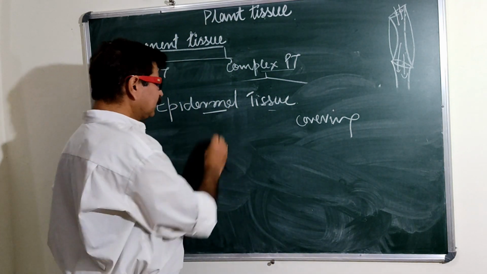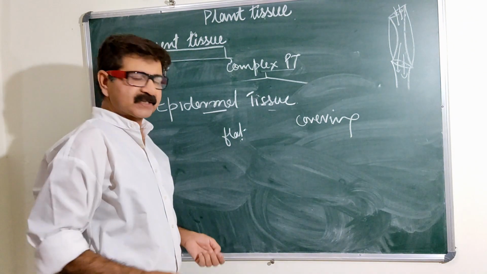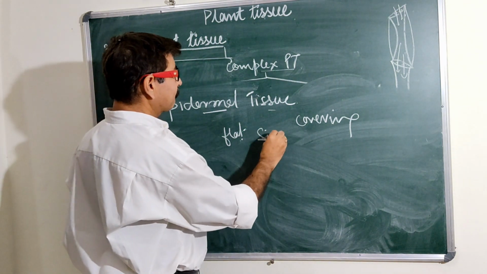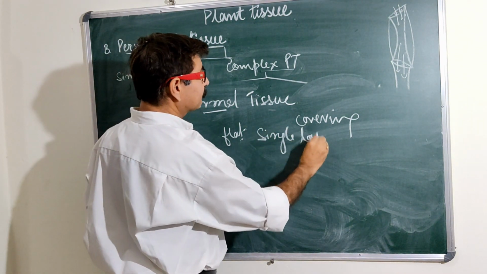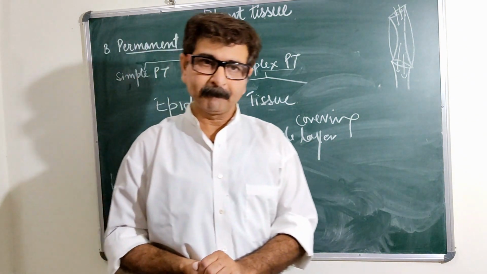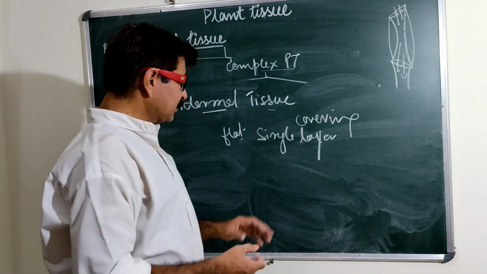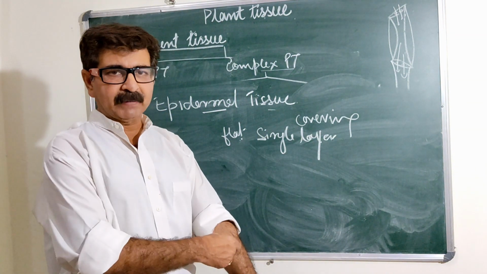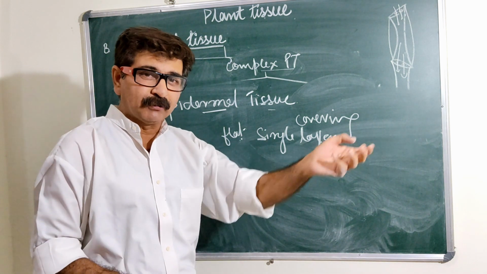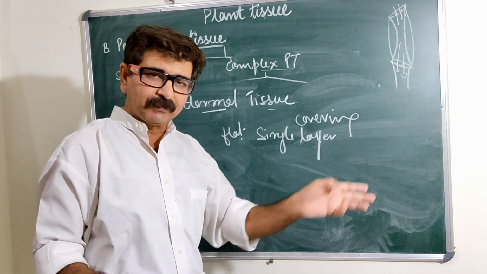The cells are flat cells, and a single layer. The cells may be isodiametric, living, with dense cytoplasm, and the major function is protection. Protection from injury, preventing the loss of water, etc. Prevent from fungal infection.